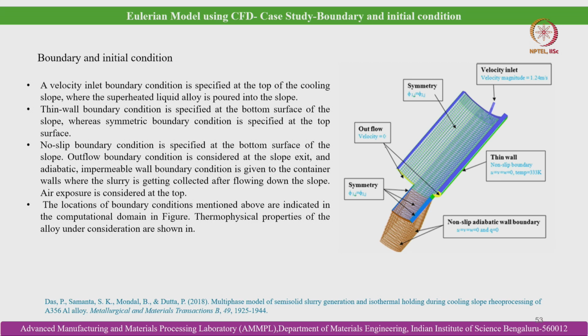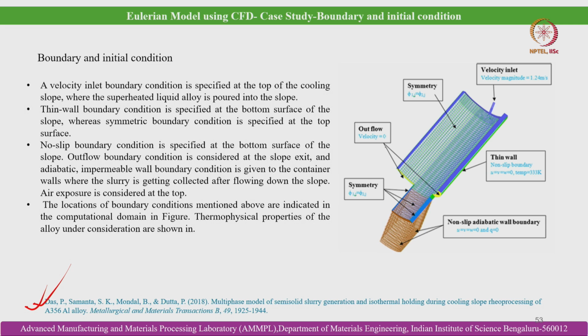Okay. So, with this we are moving to a case study which is taken from our published work. You can refer to this paper to gain in-depth information about the work. This is a typical solidification transport phenomenon which is solved using the Eulerian multi-phase flow model, like we have discussed earlier.